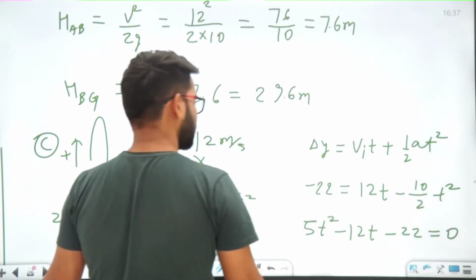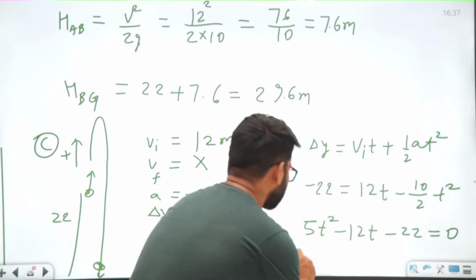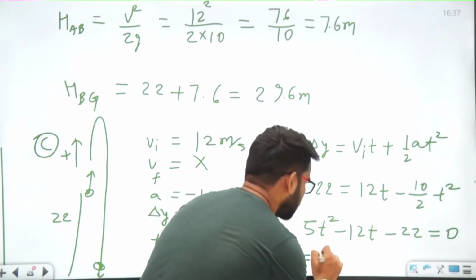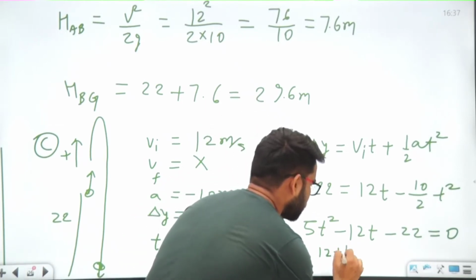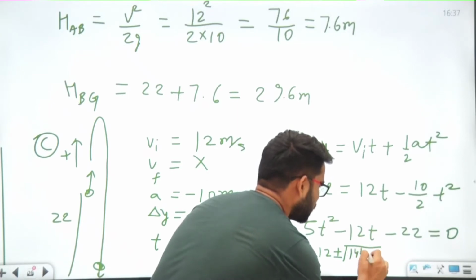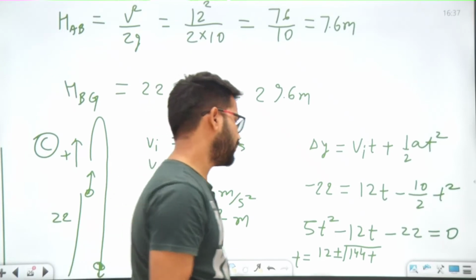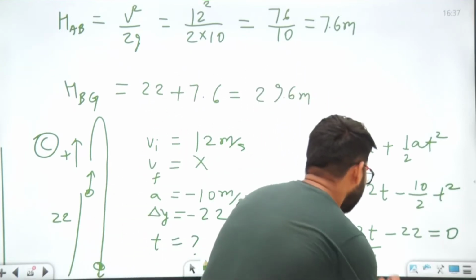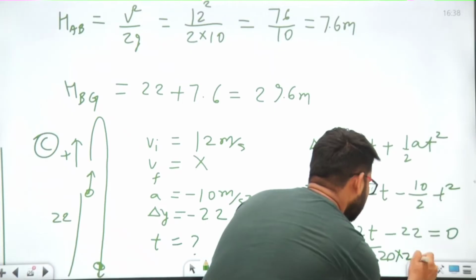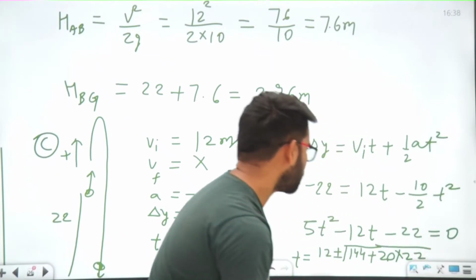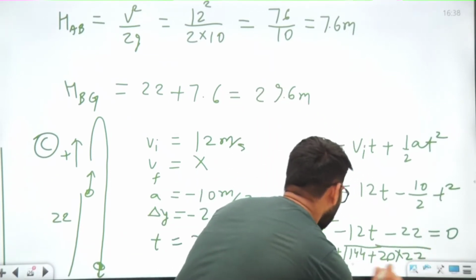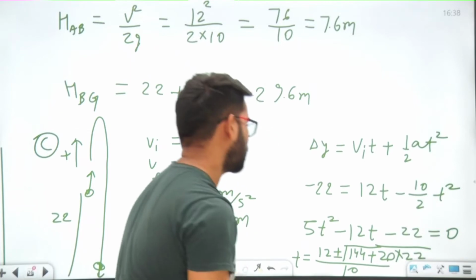We can write T as minus B plus or minus the root of B square minus 4AC, that means 144 plus 4 times 5 times 22, divided by 2A, that is 10.